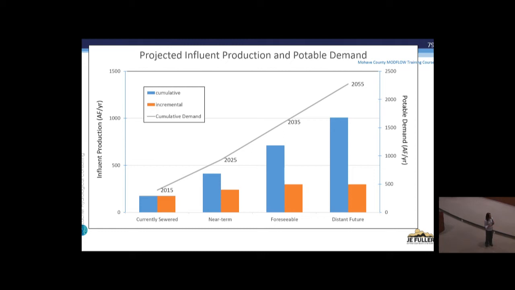But anyway, using the currently sewered system the way it is now, we added in development that we expect for the near term, and then foreseeable development that's not yet planned, and then development far into the future, considering also that sewers could be added to some of this new development. And we came up with a projection for cumulative demand and cumulative inflow to the treatment plant.